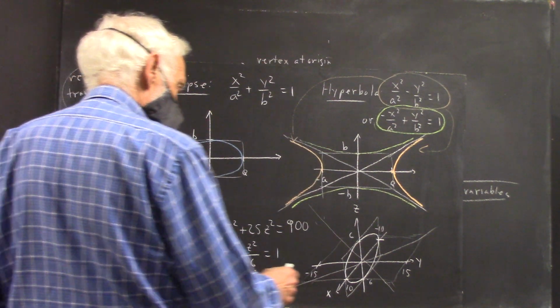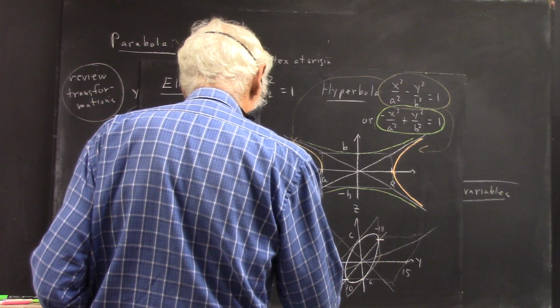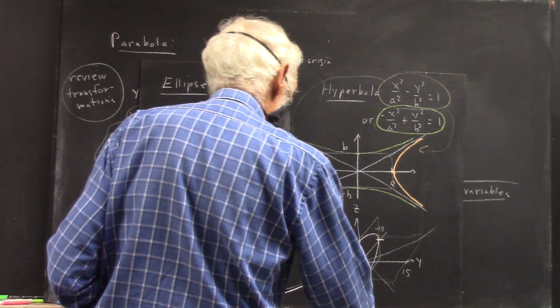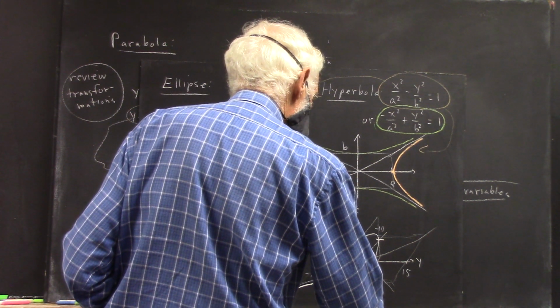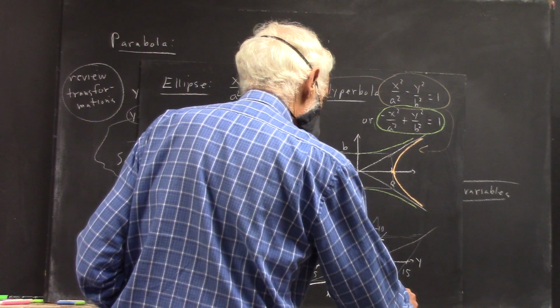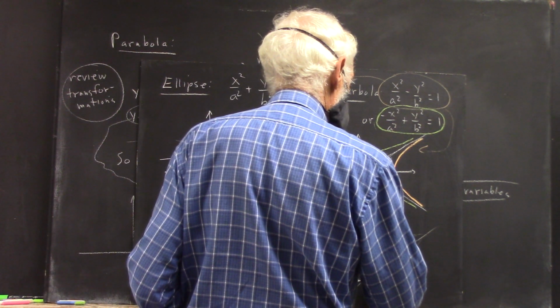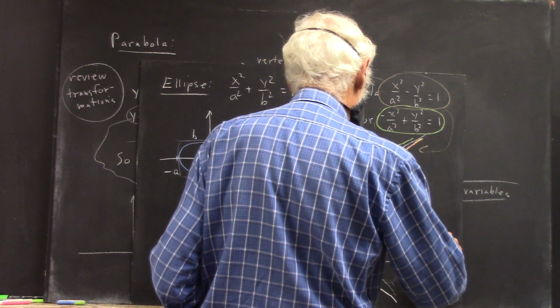So the hyperbola is going to go through here and come out asymptotic to these lines.